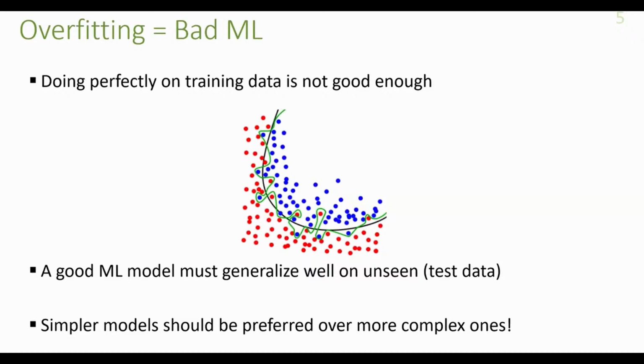So overfitting means training accuracy is high, but test accuracy is poor. Underfitting means both training and test accuracies are poor. Training accuracy is poor, and at the same time, the test accuracy is also poor, right?